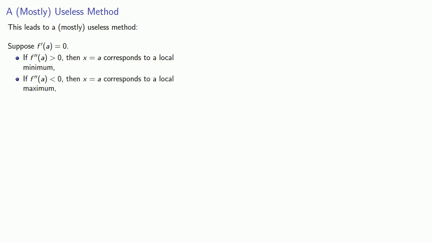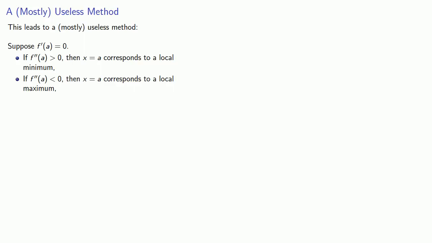And so this leads to the following mostly useless method. Suppose the derivative is actually 0 at some point. If the second derivative is positive, then x equals a corresponds to a local minimum value. And if our second derivative is negative, then x equals a corresponds to a local maximum value. And here's the most important thing to remember.